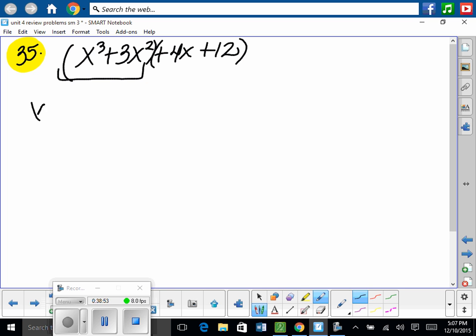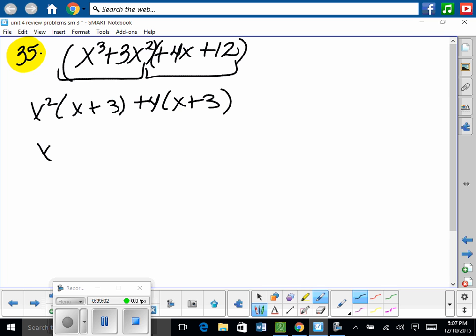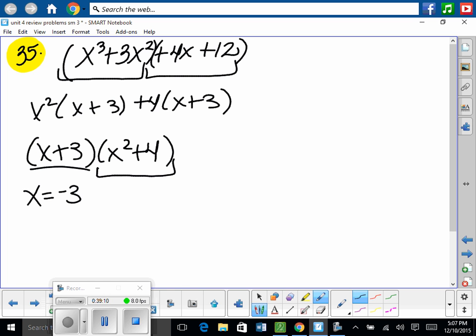So I factor out an x squared, left is x plus 3, pull out 4, left is x plus 3, and then I factor out x plus 3, and left is x squared plus 4, and then I set each of those equal to 0, so I get x is equal to -3. Set the other equal to 0, I would subtract 4, so we'd have x squared is equal to -4, square root it, we'd get plus and minus 2i, so x is equal to plus and minus 2i.